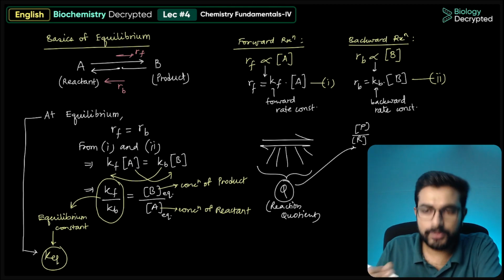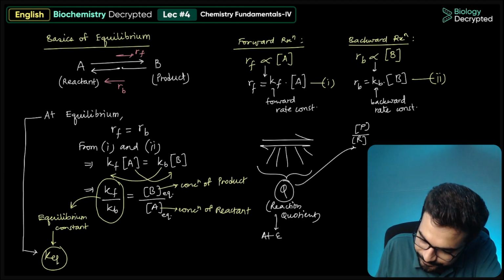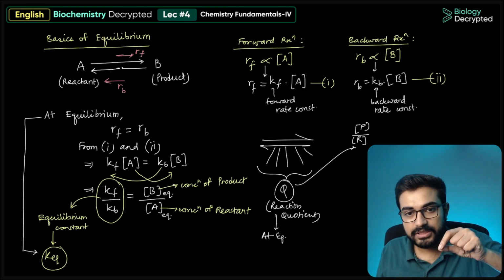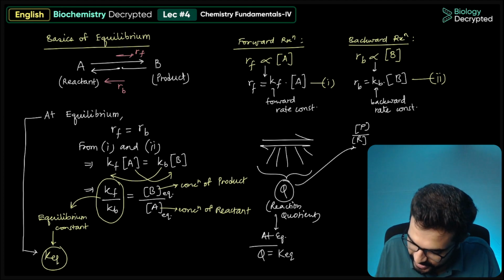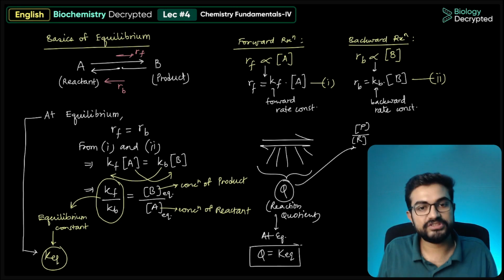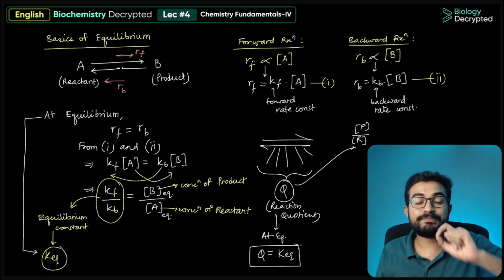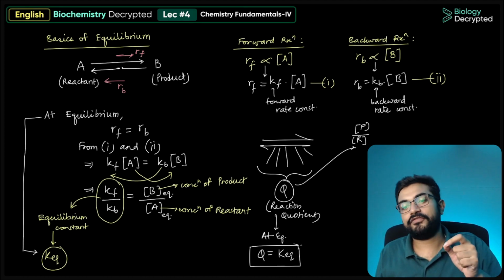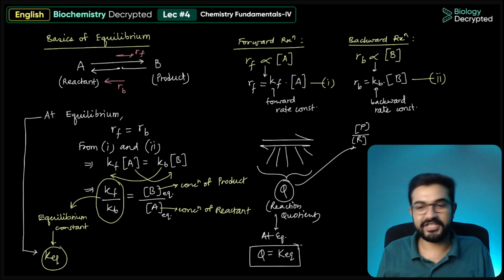At equilibrium, this reaction quotient is known as the equilibrium constant. So basically, KEQ is a special case of the reaction quotient itself. This is a very important thing to note.